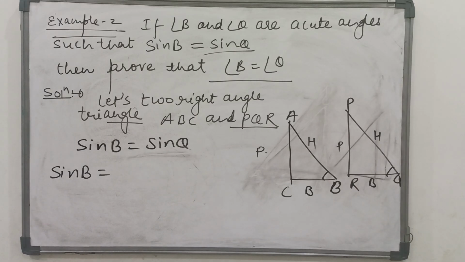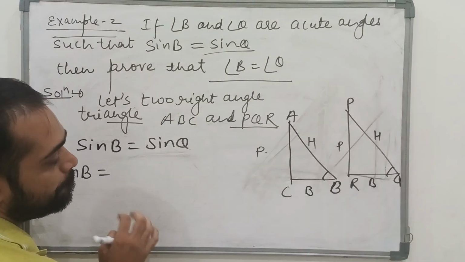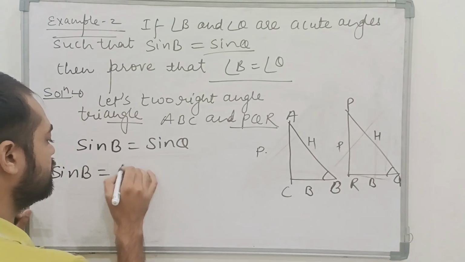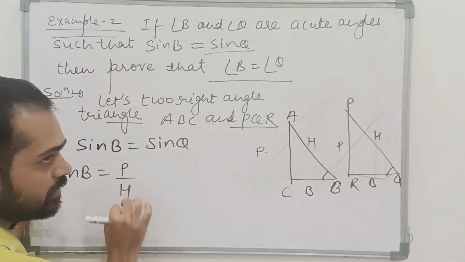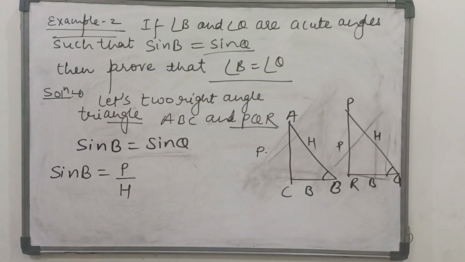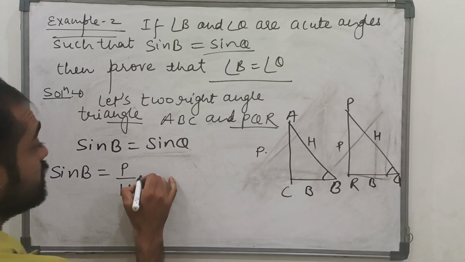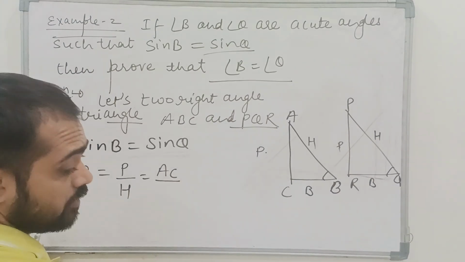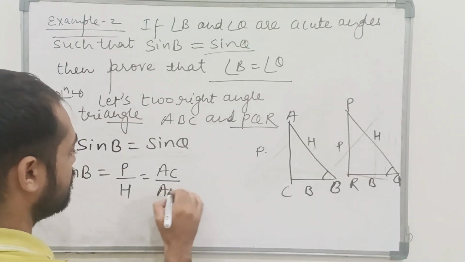Now sin B is equal to perpendicular upon hypotenuse, that is AC upon AB.